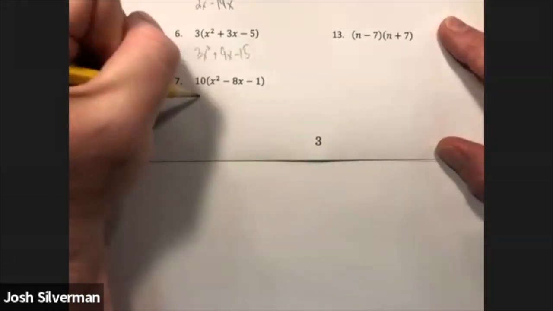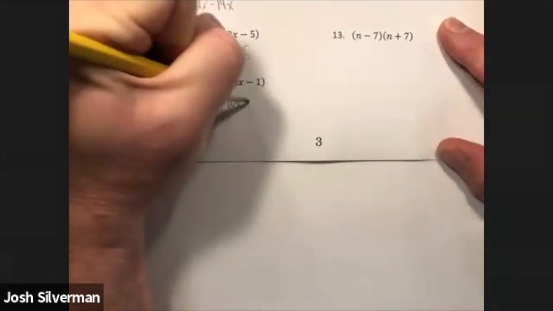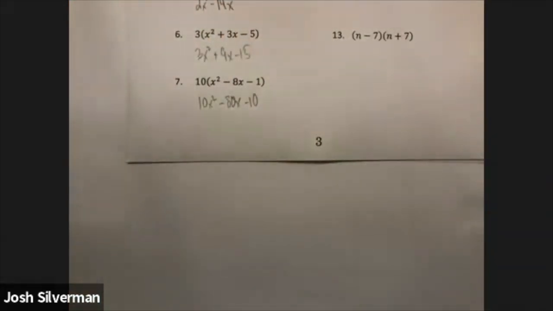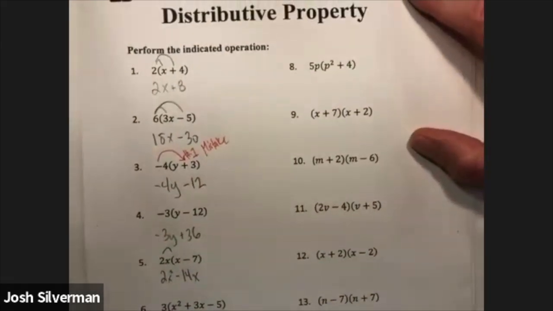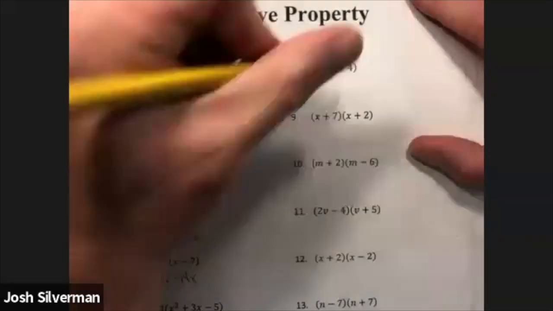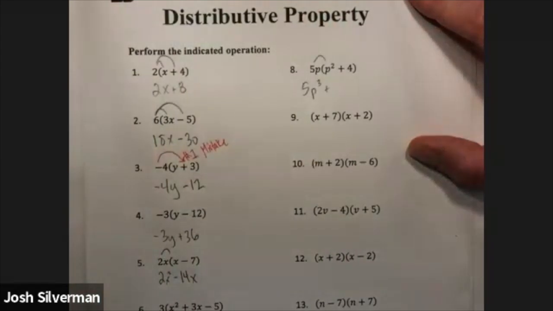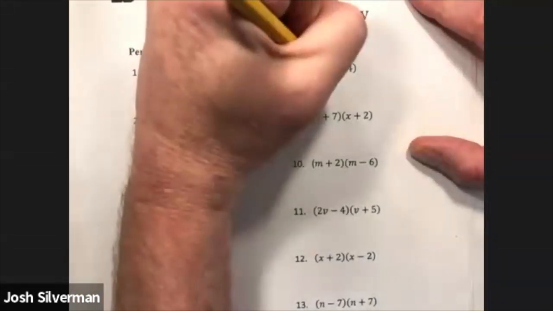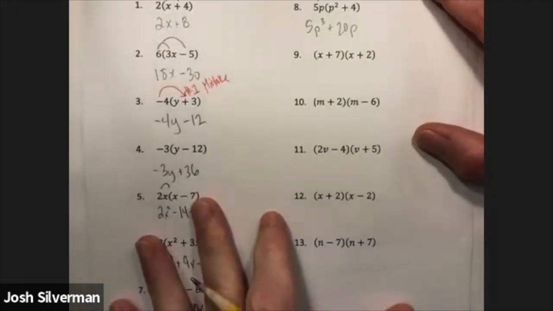Number 7, 10x squared minus 80x minus 10. 5p times p to the second, 5p cubed. 5p times 4, 20p.